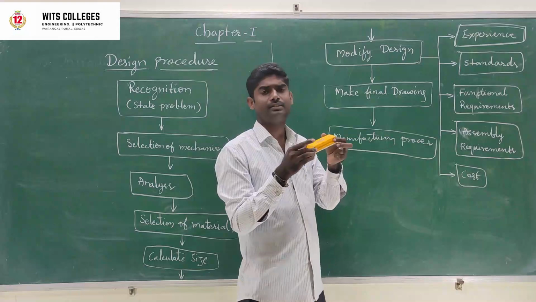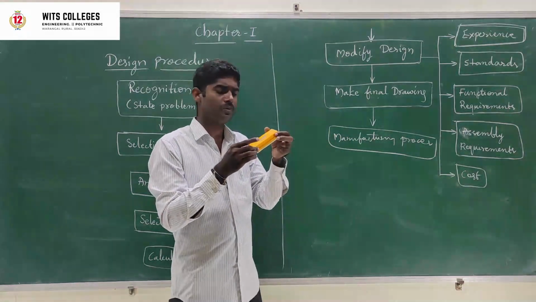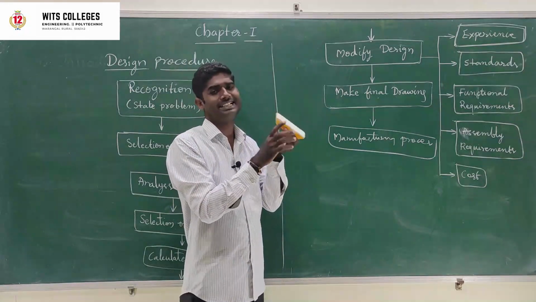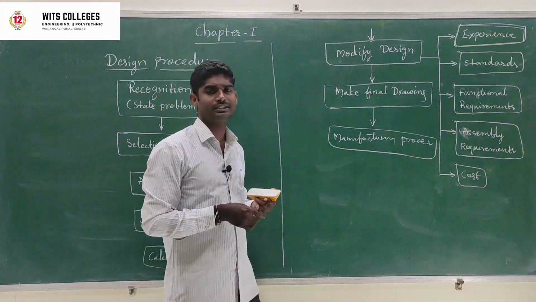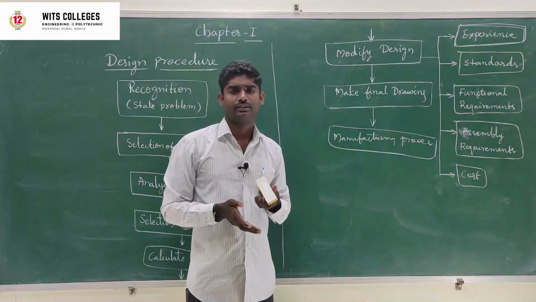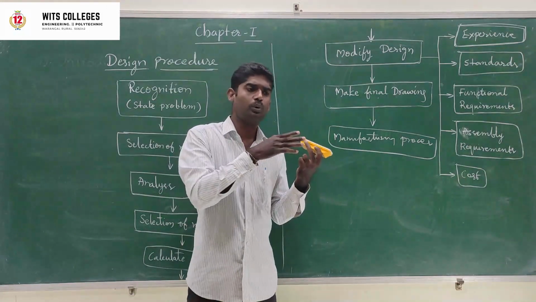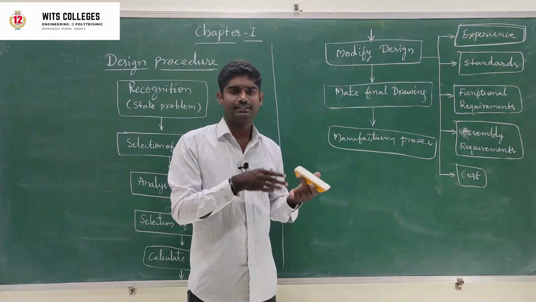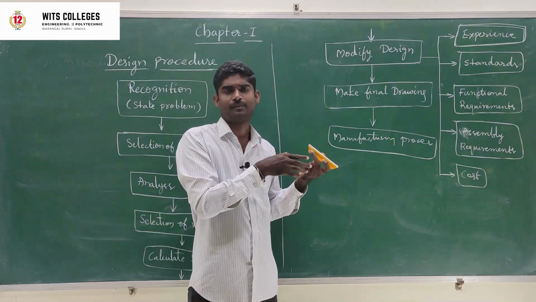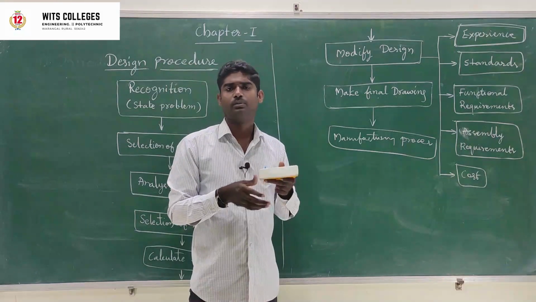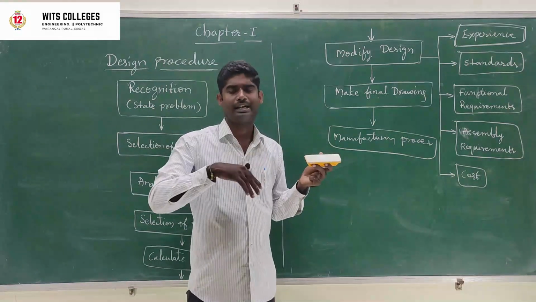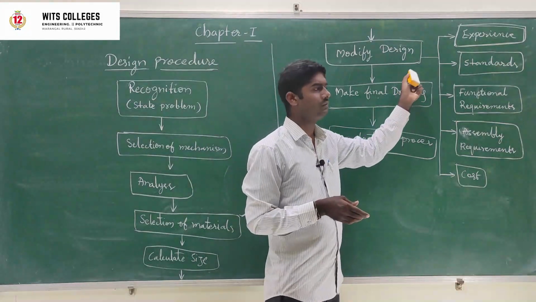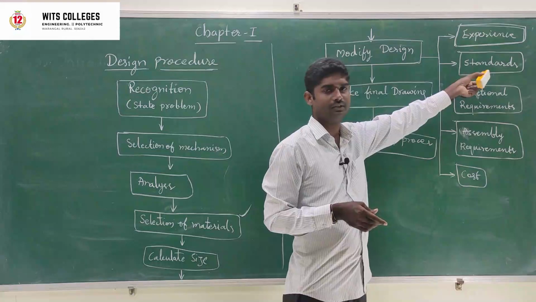If you see any duster, there is only one dimension, the same dimension. That is one of the standards. Like we already see in our machine drawing, there are bolts and nuts with the same standards. Like depth, pitch, screws, pitch, or bolt diameter, outer diameter 2D. These all are standards. Using standards, we modify the design.